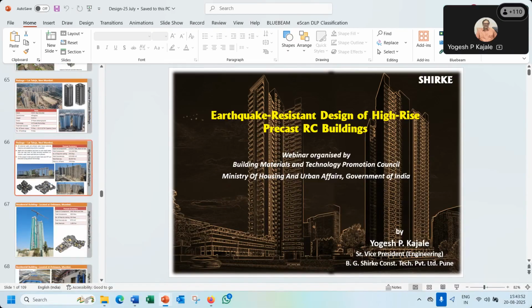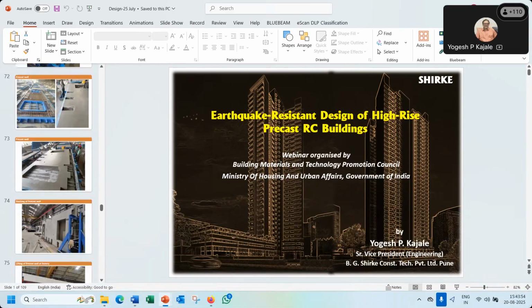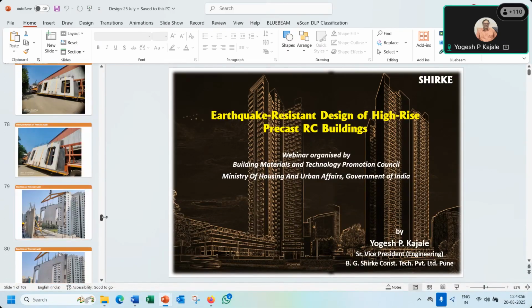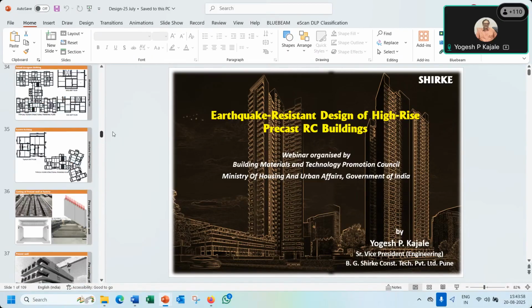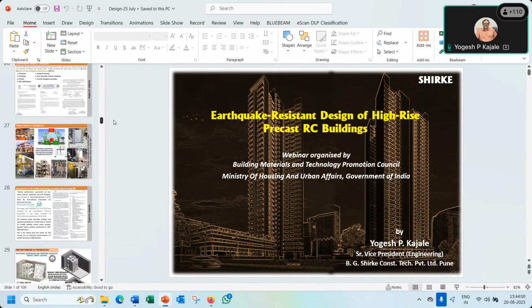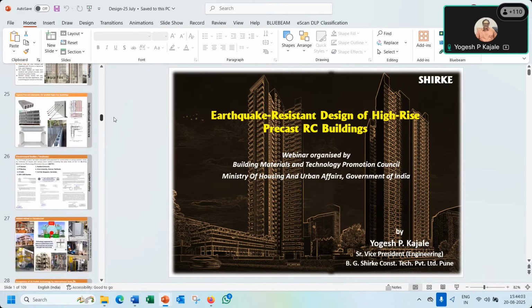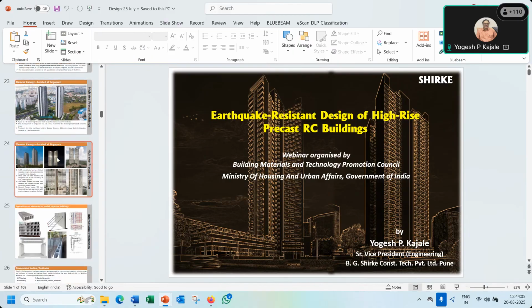The dry type connection in precast construction is not very new. All our old temple structures are constructed in precast. The material is not reinforced concrete, but stone. So all those connections are dry type connections, wherein major reliance is on the gravity load of that element and the friction of one element onto the other.